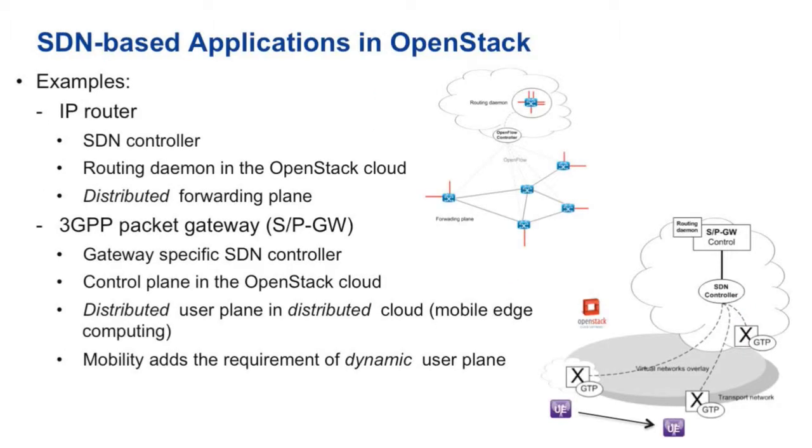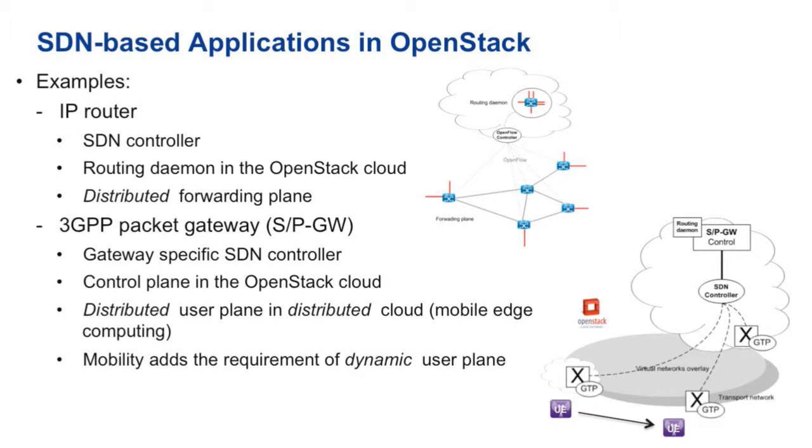So what are these applications? For example, an SDN-based IP router. The routing daemon is in the OpenStack cloud, and the distributed forwarding plane is outside the cloud. An SDN controller is used to configure the flows to the forwarding plane switches.